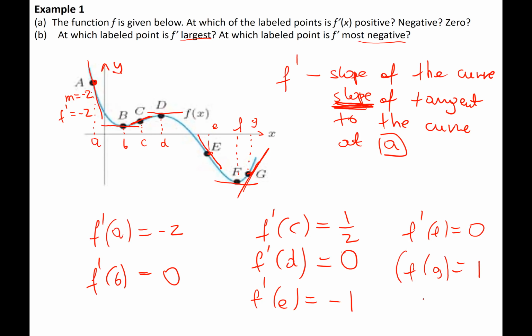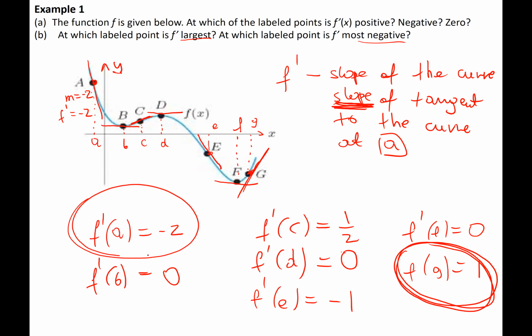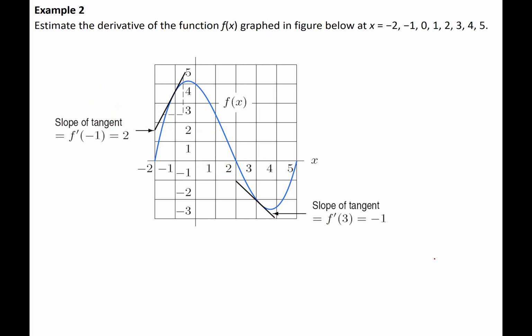Looks like this one, right? 1 will be the largest one because it's the steepest positive. And the most negative, okay, that's when we start with the smallest value and finish with the largest value. Okay, let's keep moving.